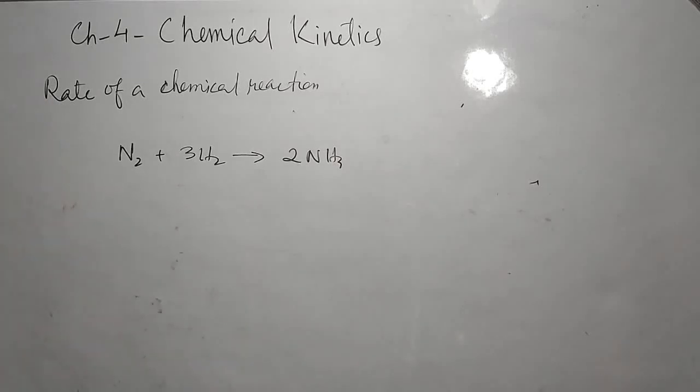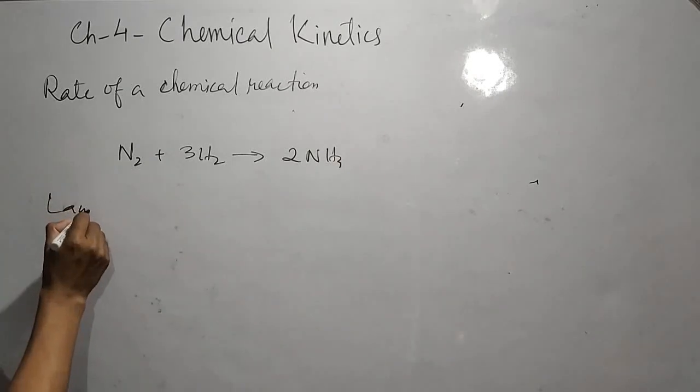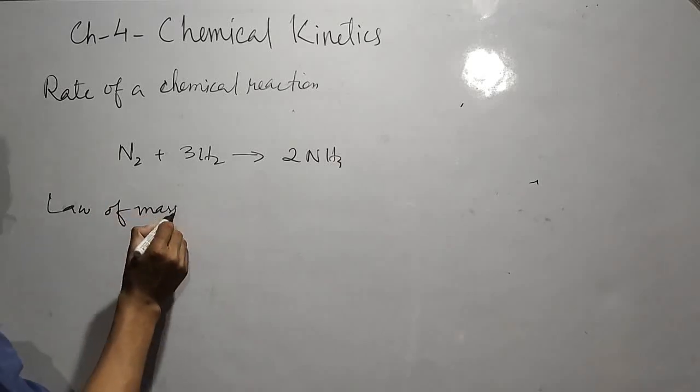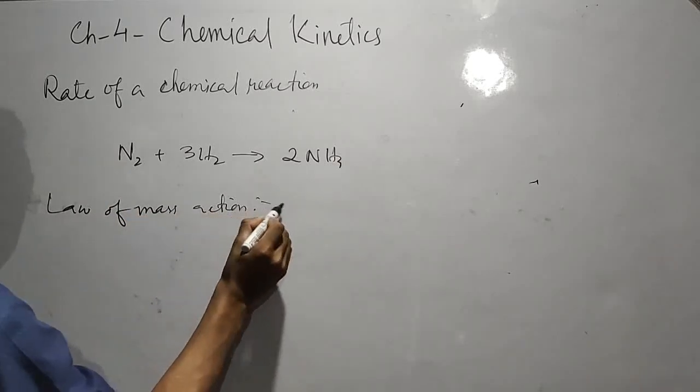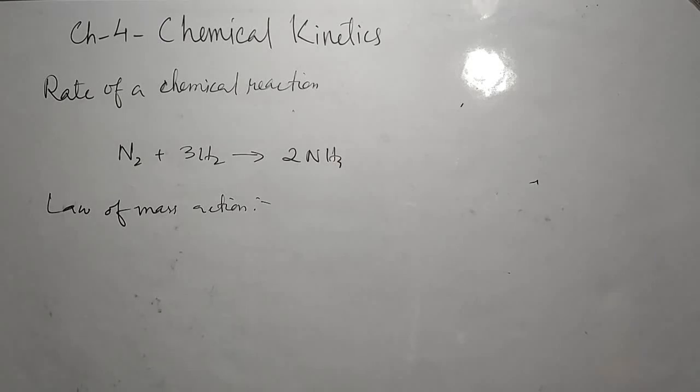Now moving on to the next topic, the law of mass action. According to the law of mass action, at a given temperature, the rate of a chemical reaction is directly proportional to the product of the molar concentrations of the reactants.